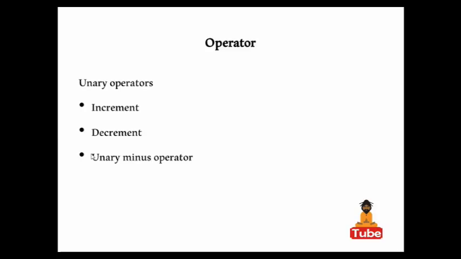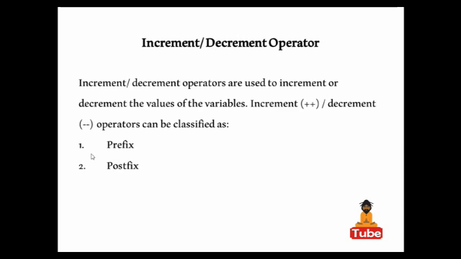Unary operator also can be classified into increment, decrement and unary minus operator. Let's see increment, decrement operator. Increment and decrement operators are used to increment or decrement the value of any variable by 1.